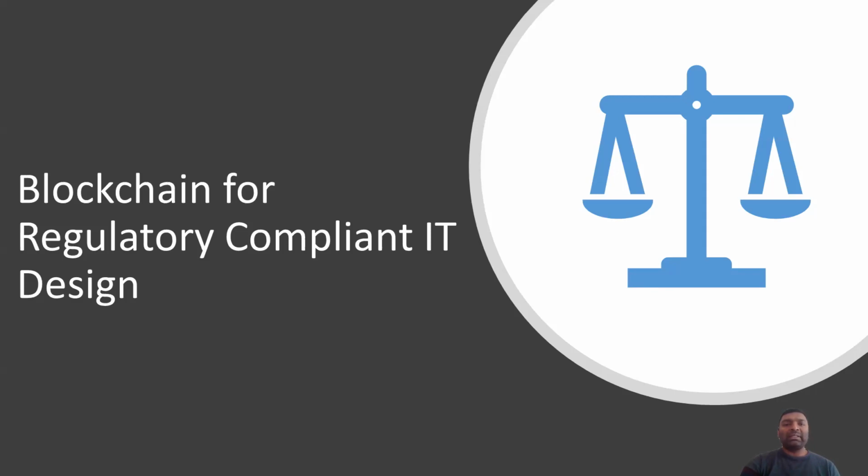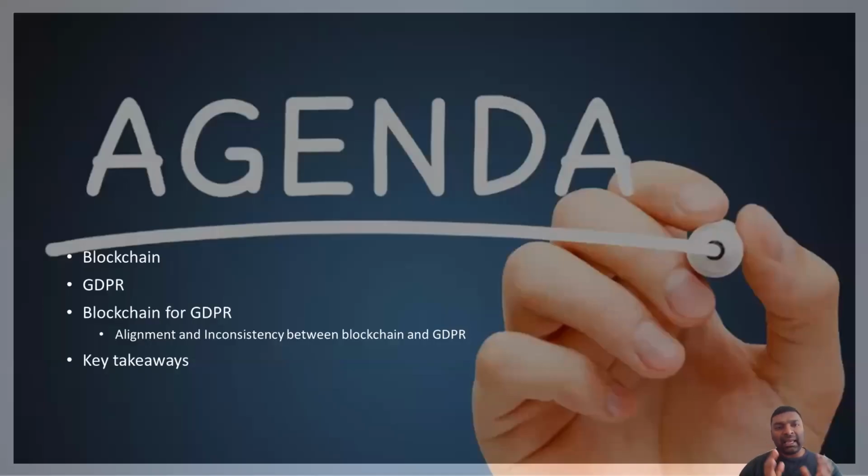So without any further delay, the agenda of today's lecture is this. First, I will briefly explain blockchain. Of course, you all know what it is, but I will just provide a brief introduction. Then I will explain a bit about GDPR, the General Data Protection Regulation.